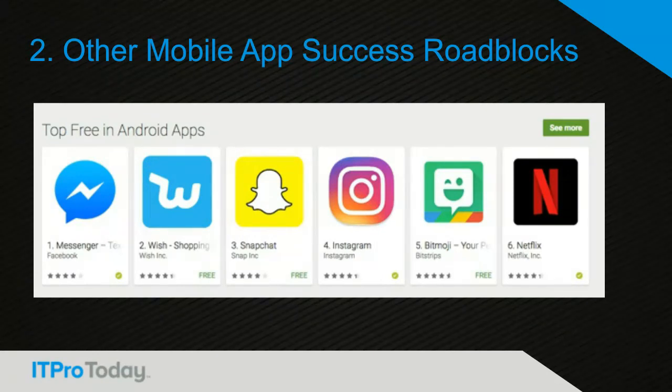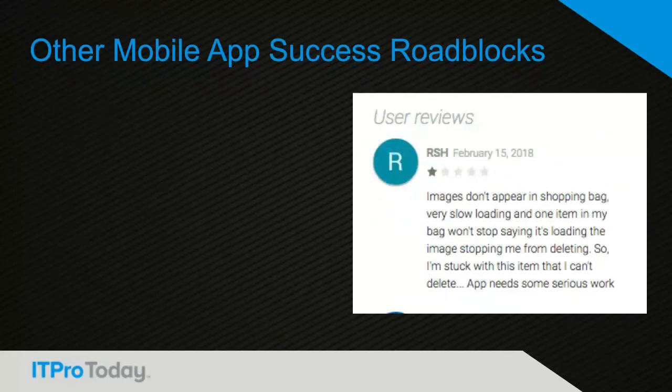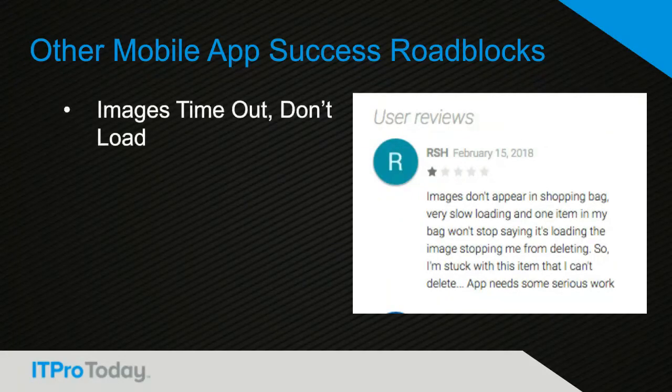Unstable performance. Slow or unstable app performance can result in low ratings. In this box to the right, you can see some people complaining about the performance of the app and giving it 2 stars or 1 star. Here's a good example, but let's talk about images at this point. Images time out and don't load.